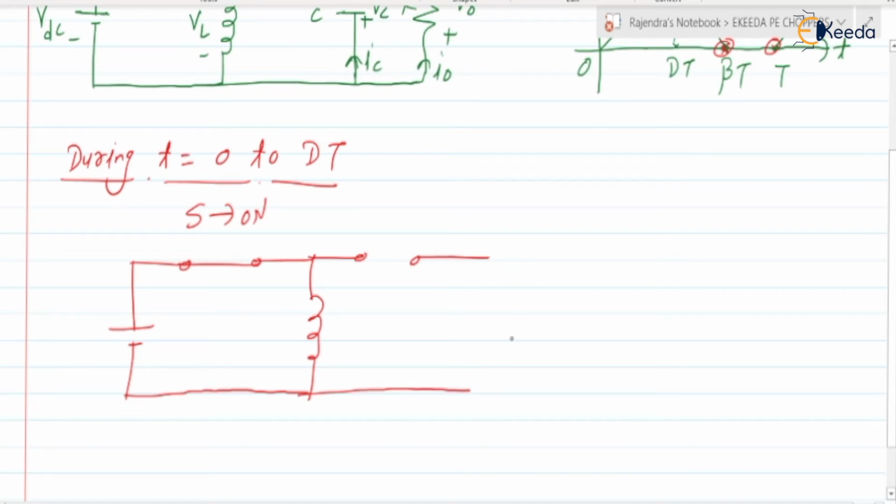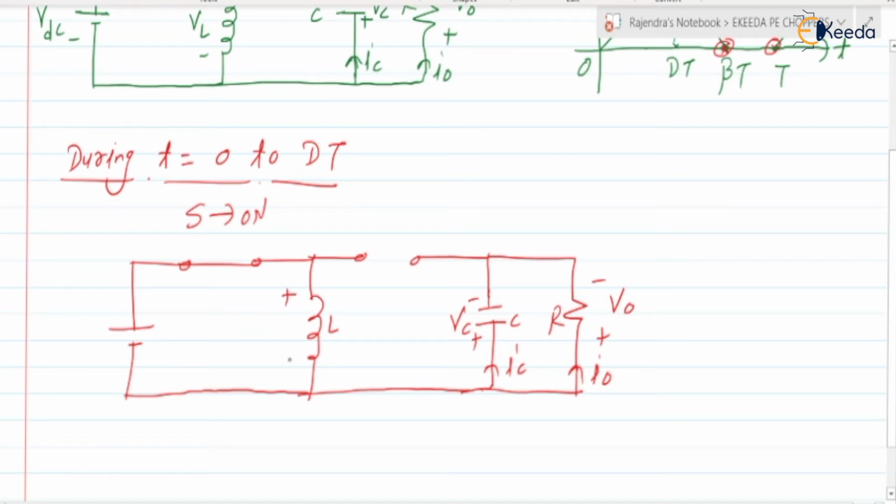Next, here it is a capacitor and here it is a load R. This voltage is V0, this current is I0. Capacitor voltage is VC, current is IC. The inductor has VL and IL, and this is VDC.